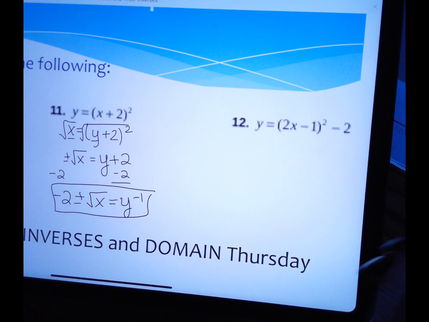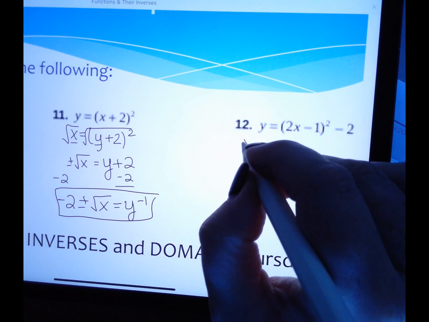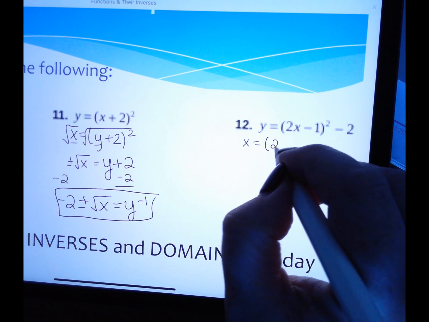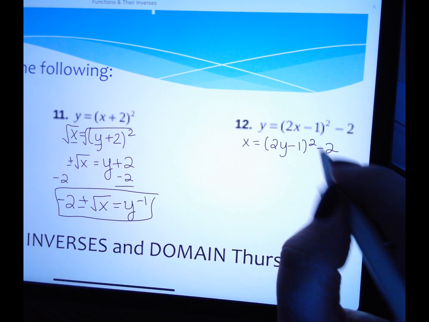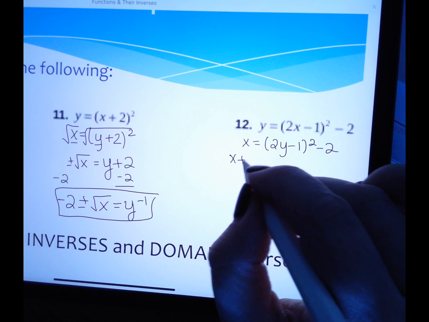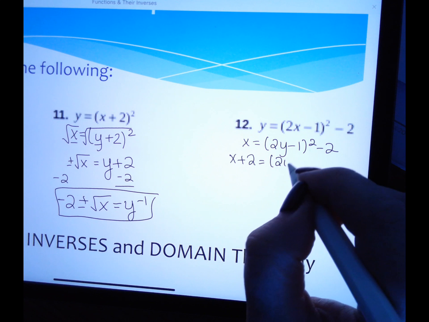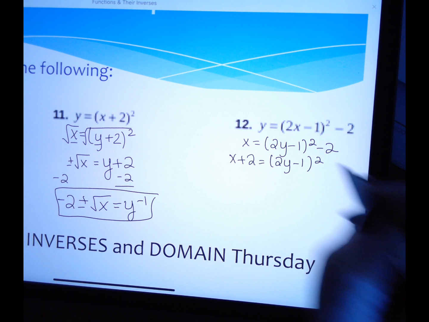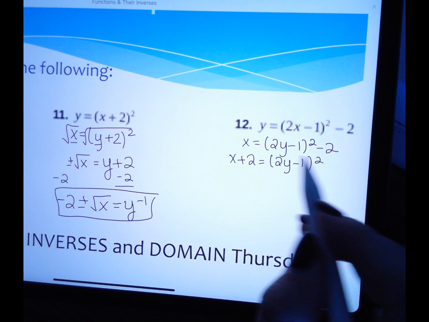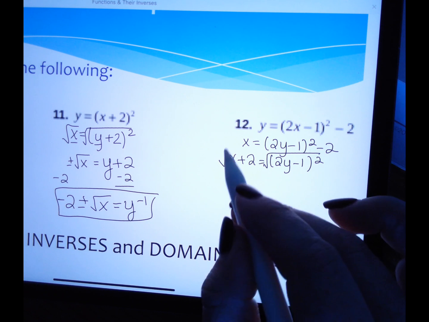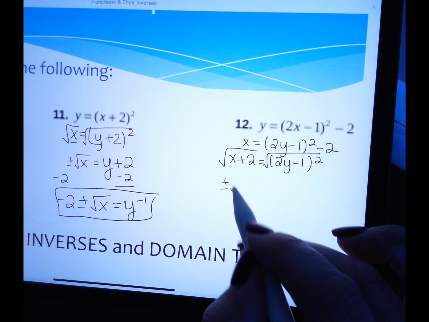Okay, now over here, I'm going to go ahead and switch my x and my y. Same thing, we're going to add that 2. Now, exact same thing as the last one. I want to go ahead and square root and get that y by itself.